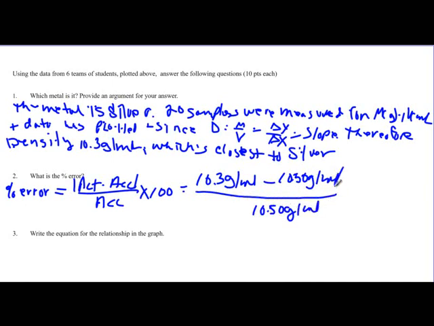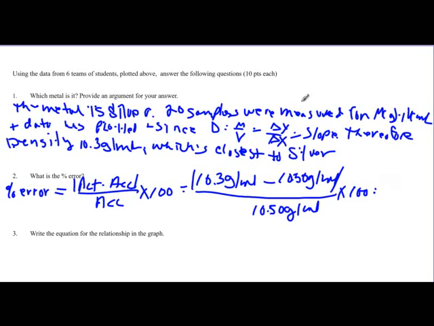And of course this is the absolute value of this, and if I multiply it times 100, I'm going to get 10.3 minus 10.5 divided by 10.5 times 100.